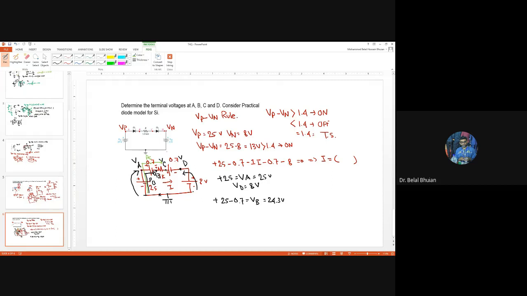So I get plus 25 minus 0.7 minus, now I have to pass through a resistor, and there is a current flowing through this resistor, and there is a voltage drop, and this voltage drop would be minus, since I go from plus to minus, so minus 1I equals to VC.